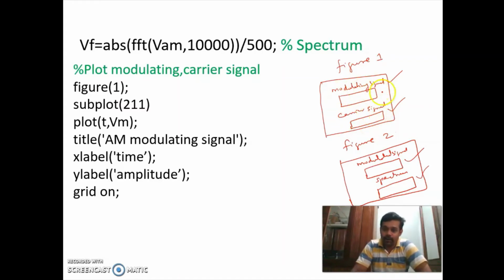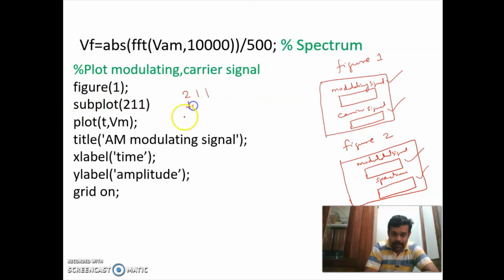So we have to go for subplot. The next step is to plot the modulating signal and carrier signal. First we are taking figure 1; this command will generate figure 1. Now in figure 1, we want two plots, so you are using subplot of 2 1 1.